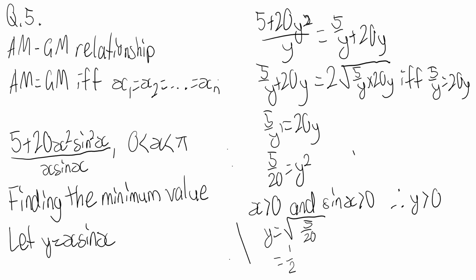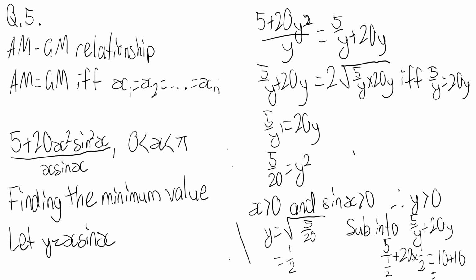And we'll resubstitute this back into the formula, so sub into 5 on y plus 20y. So we'll get 5 on a half plus 20 times a half equals 10 plus 10, which equals 20, and 20 is the minimum value for that function.